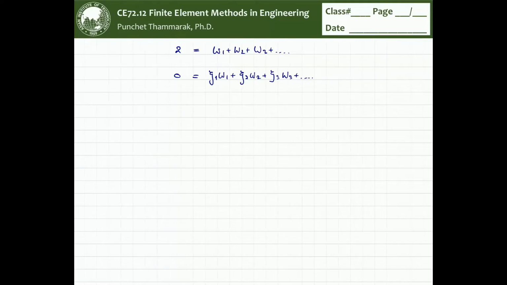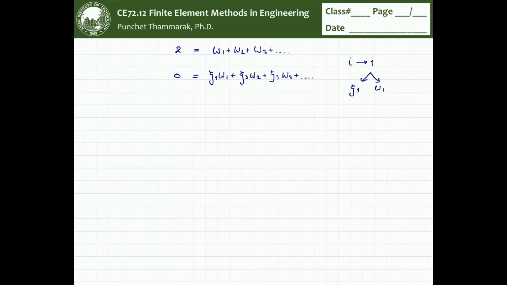So right now, let me ask you, what is the maximum possible number of I value that we can figure out from this given condition? The I is the number of integration points. If you have one integration point, you're going to have two unknowns, C1 and W1.